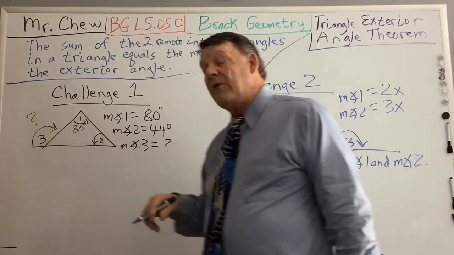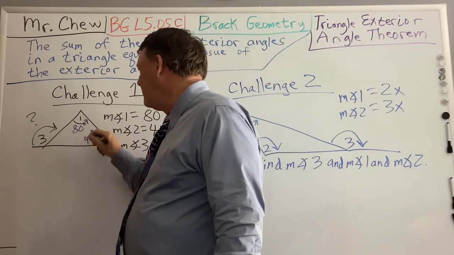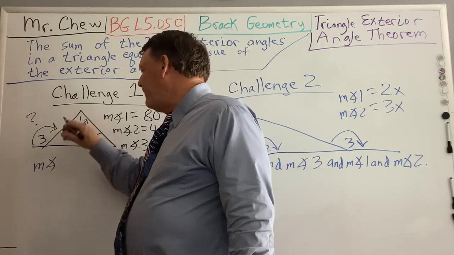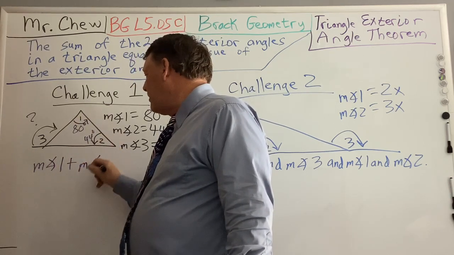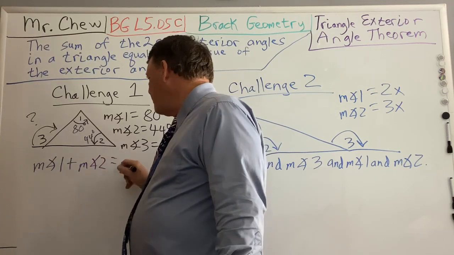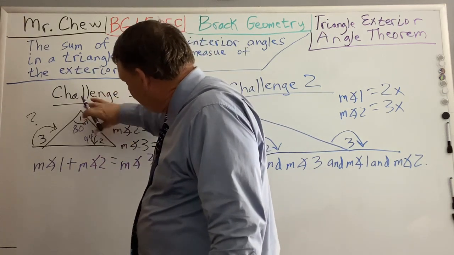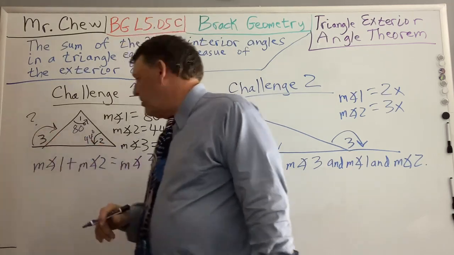Remember, these are not drawn to scale. This is a 44-degree angle. So I know that if I find the sum of the 2 remote interior angles, and remember the 2 remote interior angles are the 2 interior angles that are not supplementary to this exterior angle.